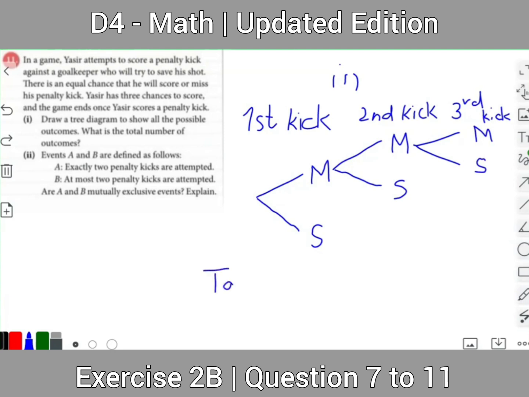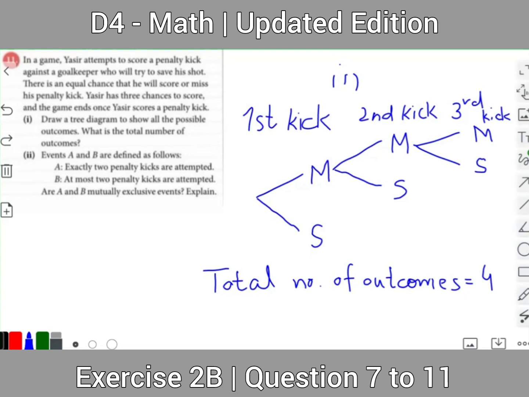Since Yasser has 3 chances to score, that's why we are talking about 3 kicks.